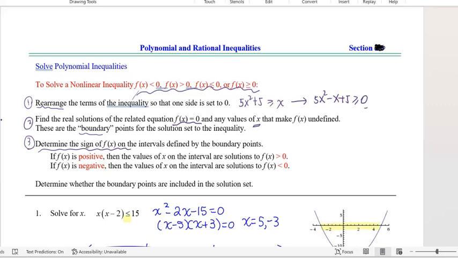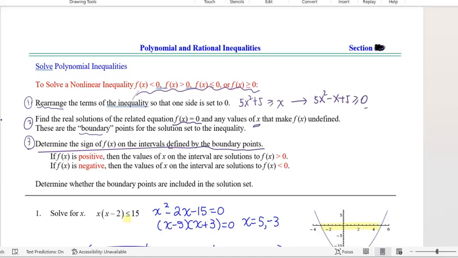And next, determine the sign of the intervals formed by the boundary points. If the function is positive, that just means the values of x on this interval make my f(x) greater than 0.